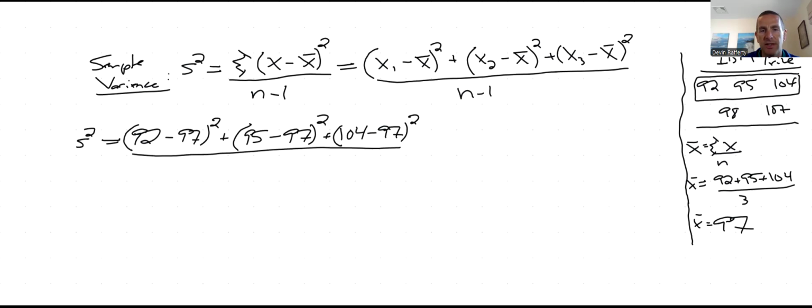Number of observations in the sample. So n, 92, 95, 104. That's 3 minus 1, 2.